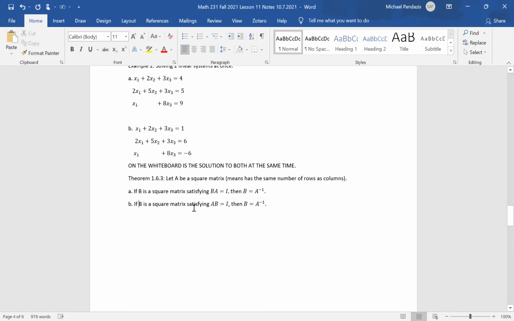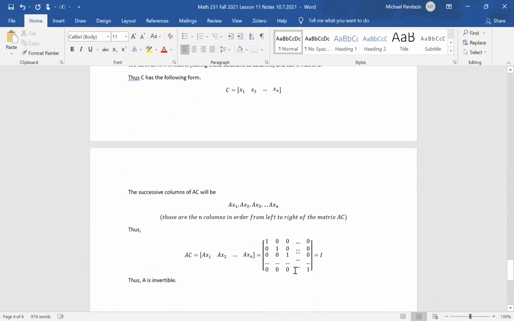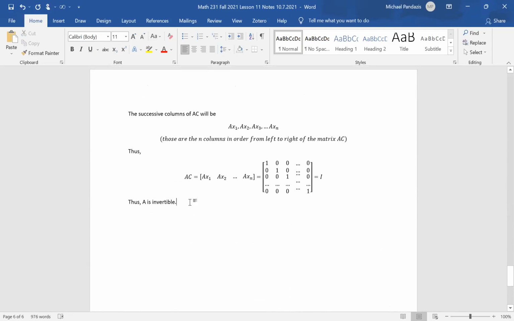That means that A is invertible. If we conclude that B equals A inverse, it also means that A originally is invertible. So thus A is invertible by theorem 1.6.3, part B.